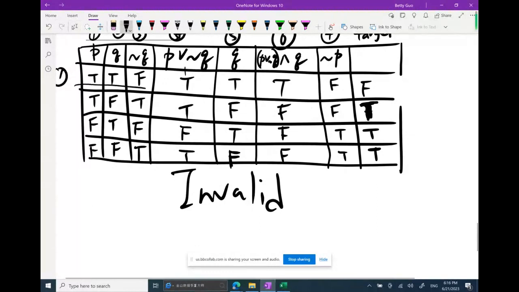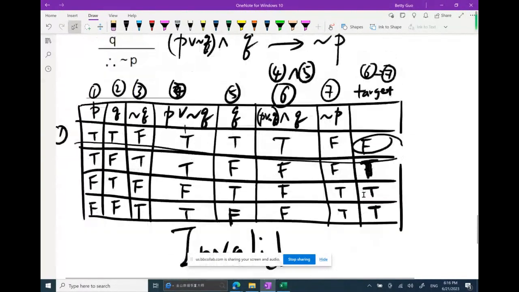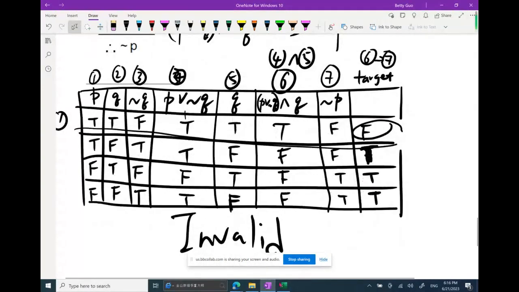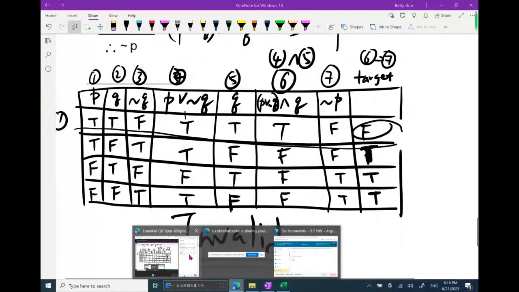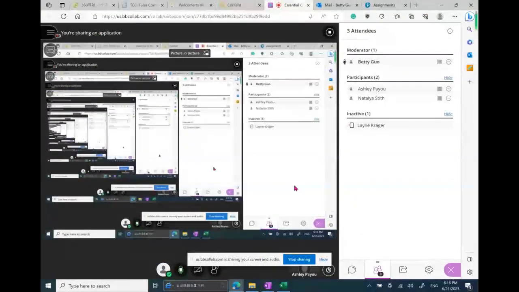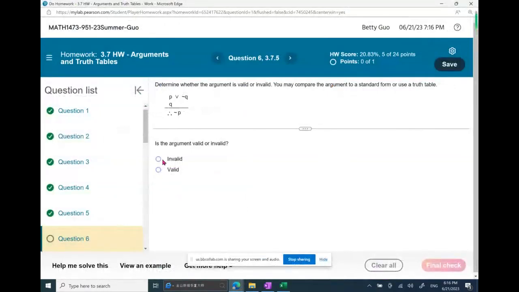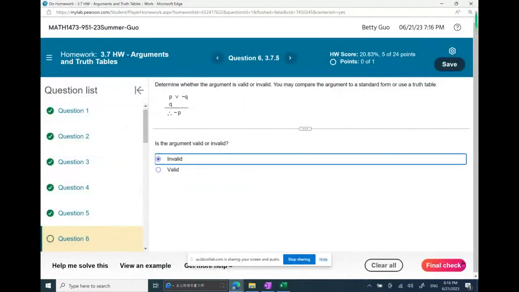In the first case, the validity does not hold. So I proved, using the truth table, it is invalid.